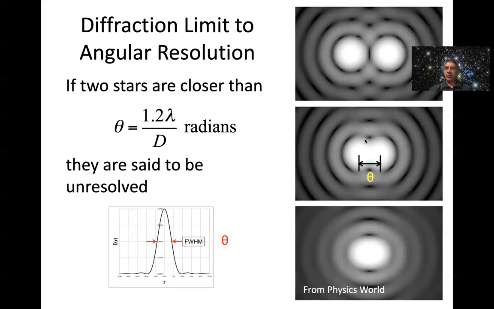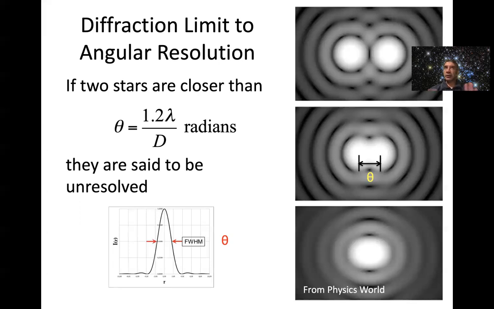And in this particular case here, you can still see clearly that there are two separate stars, and they are separated by this angle theta here. This angle is referred to as the Rayleigh criterion for angular resolution.